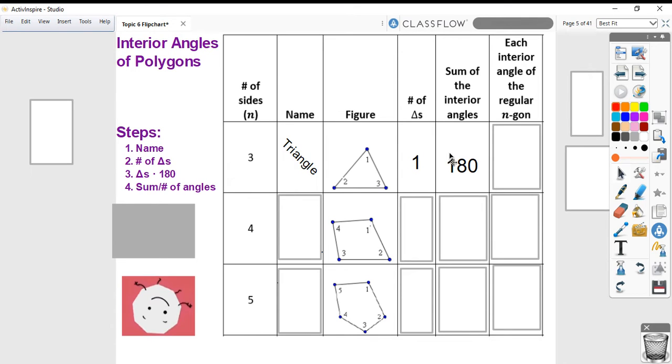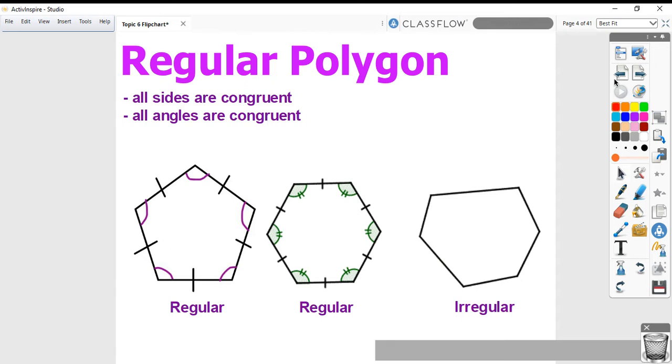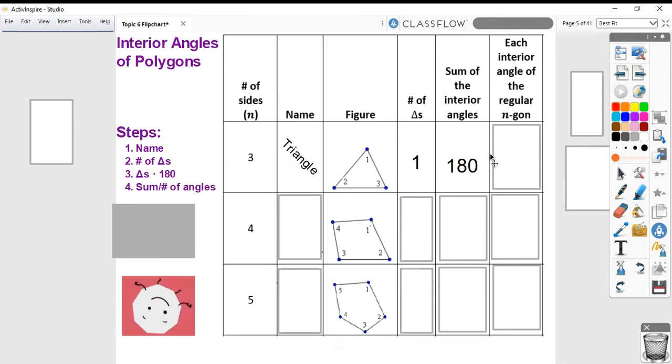But if it's a regular triangle, that means all three of the angles are going to be the same. So we can just take that 180 and divide it by 3. That's where this number comes from. This 60 that goes in this blank comes from dividing that number of degrees evenly in between all three of those angles.